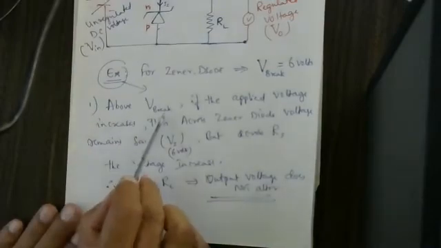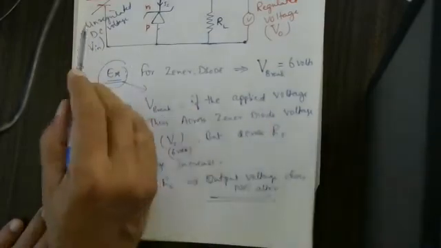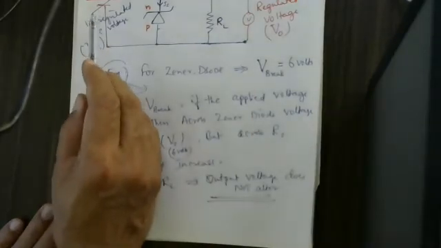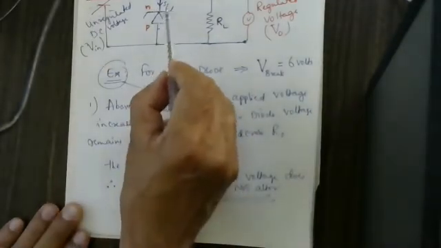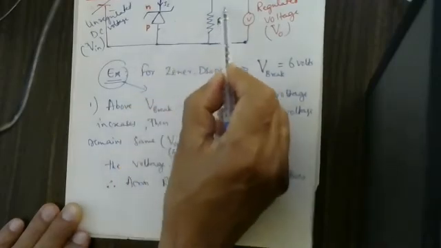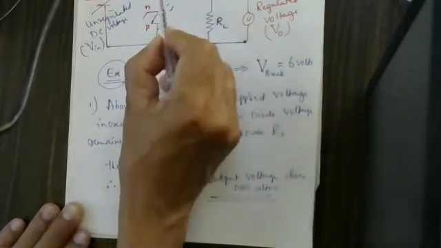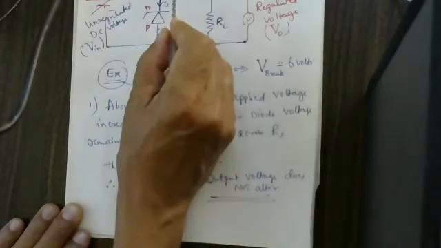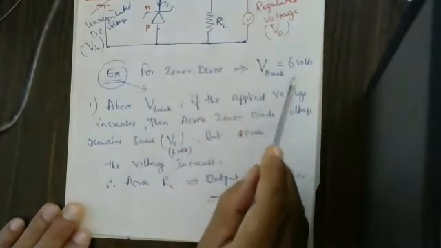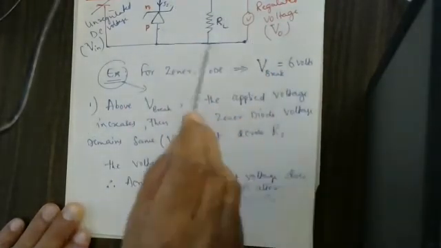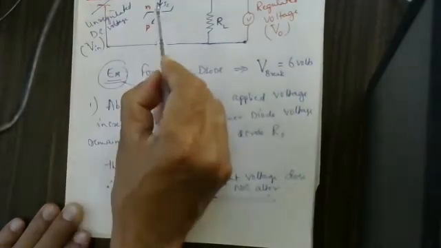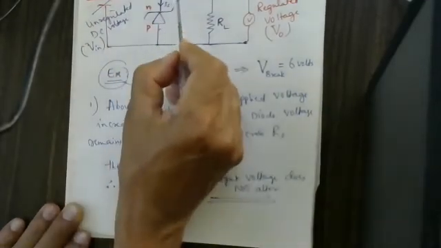Above this breakdown voltage, as you apply the voltage more and more, across this one voltage remains same, across this one voltage remains same, and extra voltage is taken up by this RS. For example, if breakdown voltage is 6 volts, if you apply 10 volts here, here it is 6 volts, here it is 4 volts.